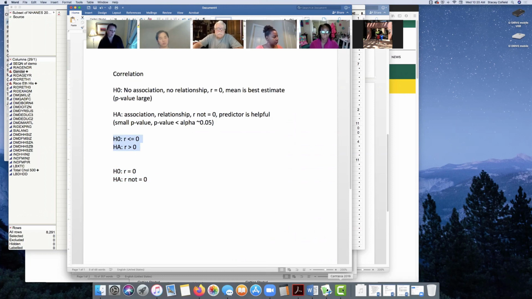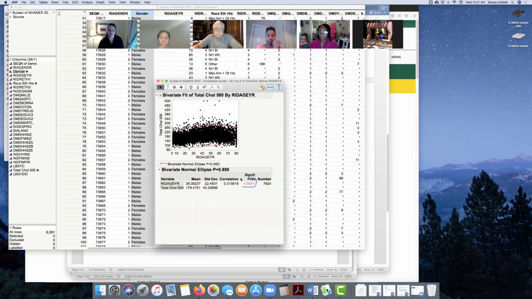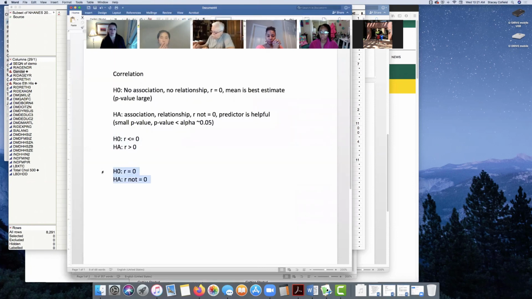The problem in JMP is that you can't just divide this in half, because I don't know if it's 0.0001 or 0.0000001. It just tells you it's less than 0.001. So there's no real easy way to divide this p-value in half. I'm promised that this is almost always equal to, not equal to, for the correlation test. I'll check that in the notes and make a point of mentioning it to the class.